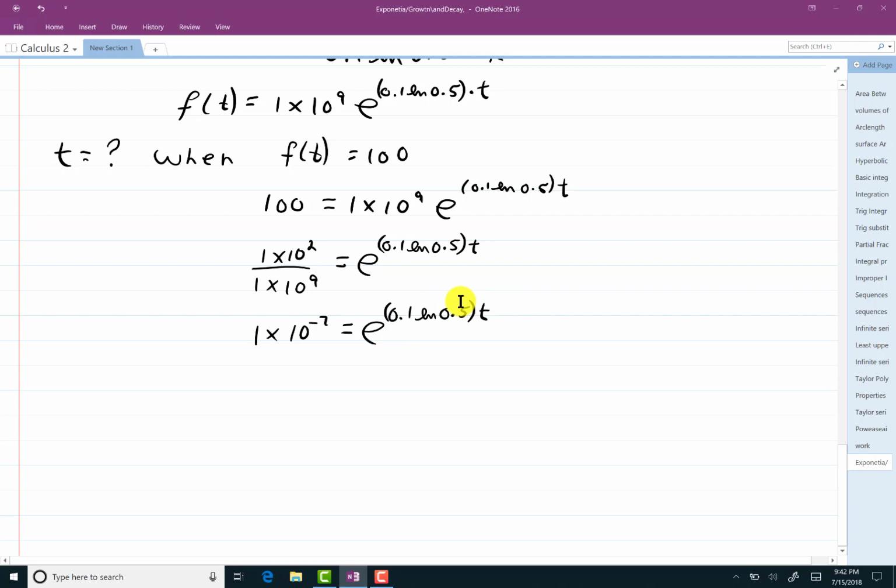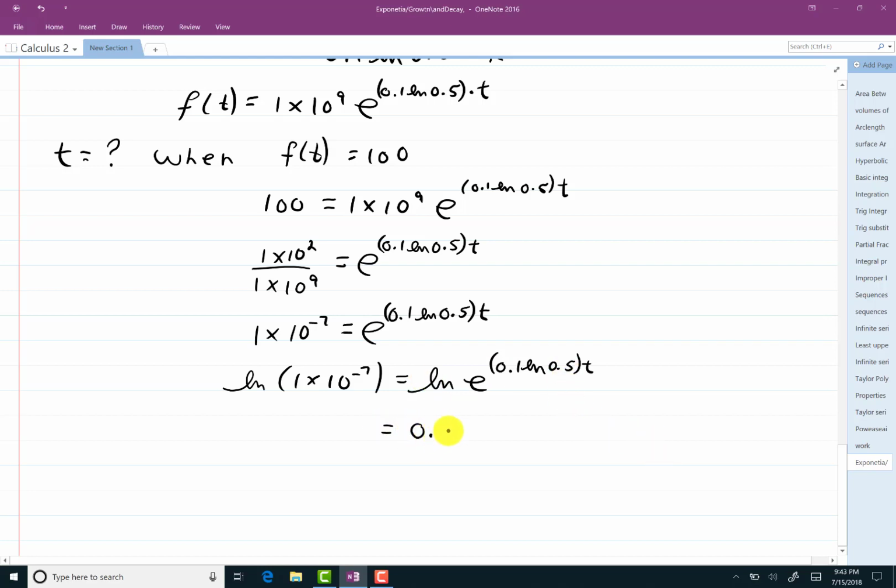Now you can finagle this stuff around to make it work out, or just take a natural logarithm, natural log of 1 times 10 to the negative 7 equals natural log of this side. And it'll wipe away the e.